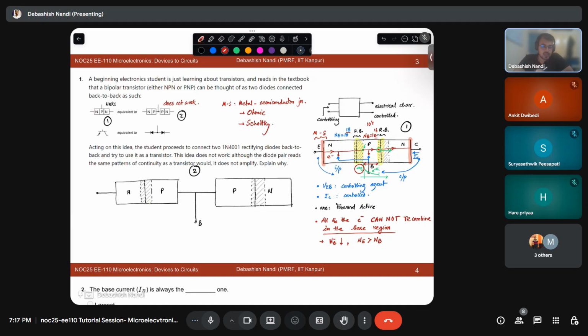So you have heard about Schottky diodes, right? Those Schottky diodes are nothing but metal semiconductor junctions. It can be metal p-type, metal n-type. But when it is ohmic, it is nothing but just a resistance. So these junctions are basically ohmic.